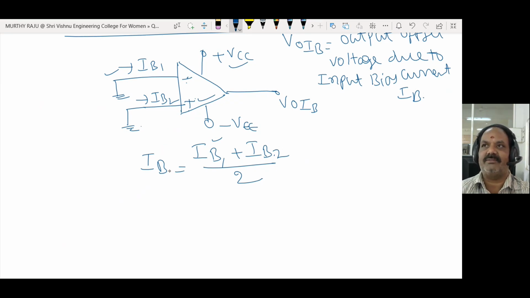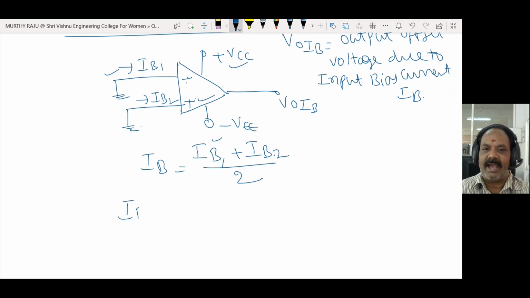Both the transistors used at the input stage of the differential amplifier are identical to each other, but IB1 and IB2 cannot be exactly equal due to internal imbalance between the two inputs. Due to internal imbalance, we use the specified input bias current as being equal to either one of the two input currents.